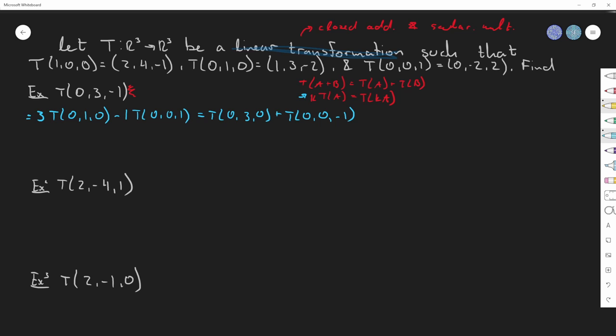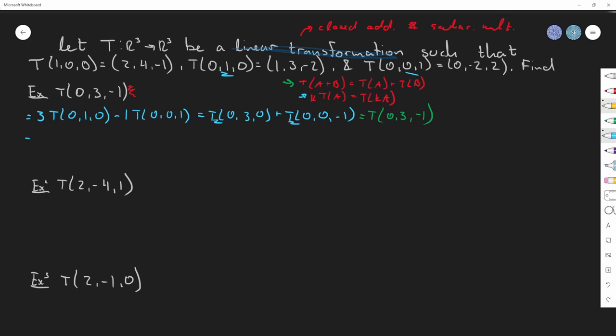And now that we showed this is closed under scalar multiplication, we can also use the fact that it's closed under addition, so this will just be T of (0, 3, -1). All we have to do is substitute what these are, which we know because they were given, the (0, 1, 0) and the (0, 0, 1), and then just multiply by the scalars.